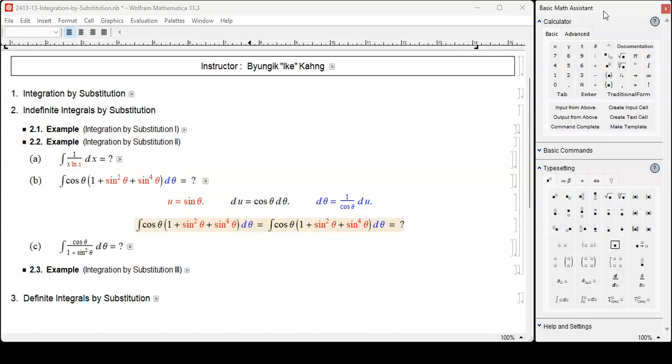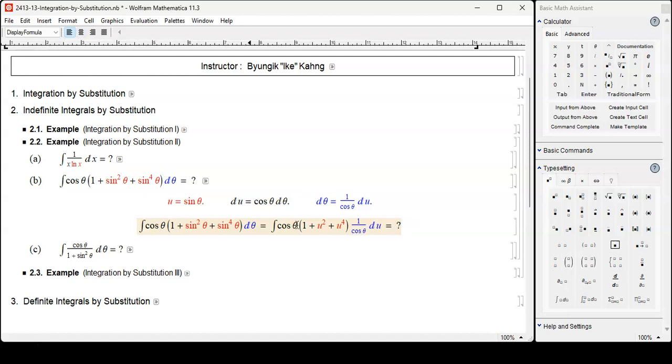Substitute everything back into the original integral. And this is going to be u squared, u to the 4th power. Let's bring those back. Okay, and then this one is 1 over cosine times du.